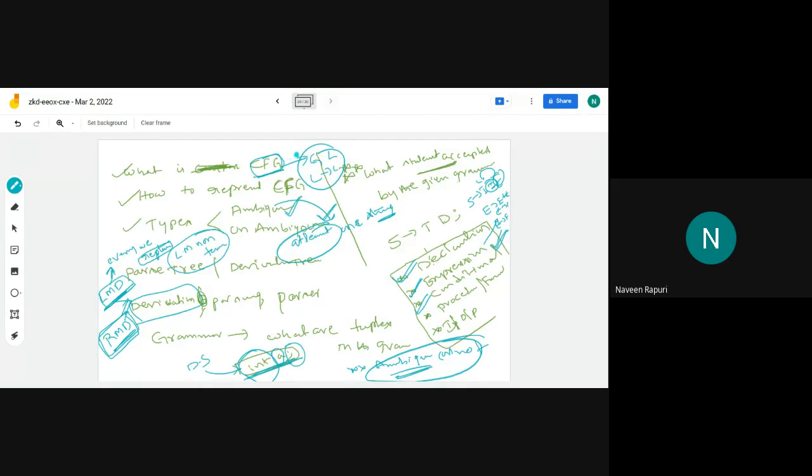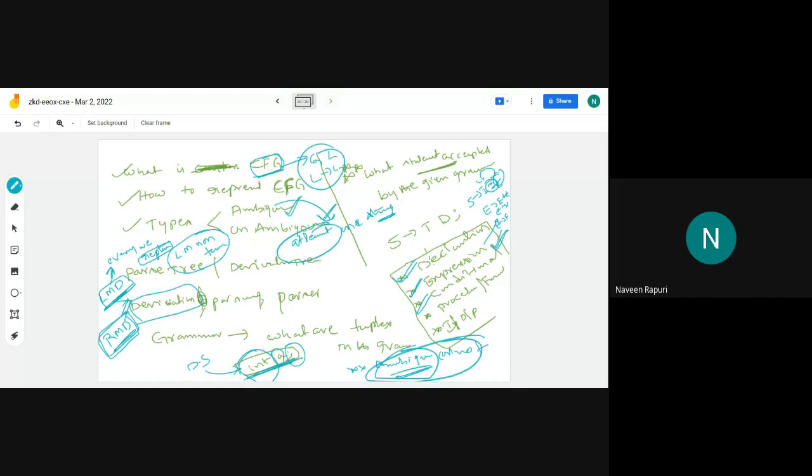In formal language and automata theory, there is also a concept of ambiguity. You can check if the given grammar is ambiguous or not, what LMD and RMD are, all these things. Just revise what we covered in your previous academics or in the previous GATE classes, then you will get good knowledge.